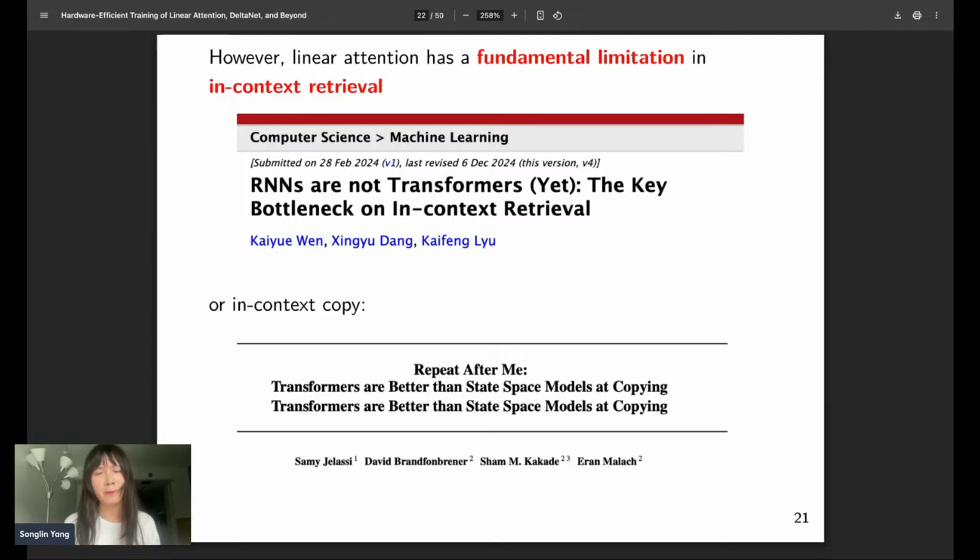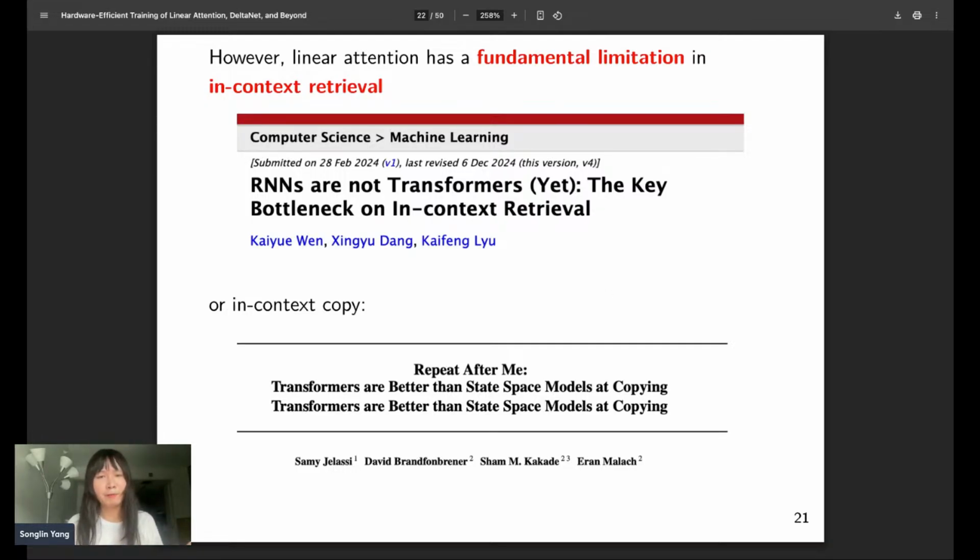We have multiple papers showing that linear attention, RNNs, state space models, whatever, are all limited by a common issue like in-context retrieval due to the limited state size. This is also very intuitive because you cannot expect the RNN to encode all the historical data in a lossless manner, because the recurrent hidden state is fixed in size.